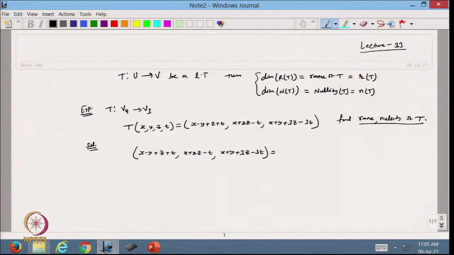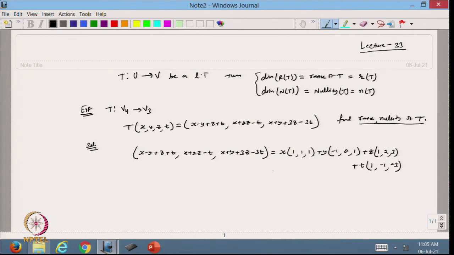This one I can write as, x I can take common, so I can write here 1, 1, 1. Then I can take y common, so y times (-1, 0, 1), z times (1, 2, 3), and t times (1, -1, -3).